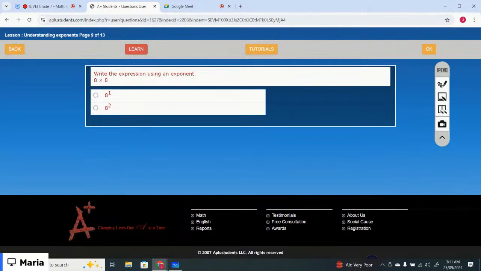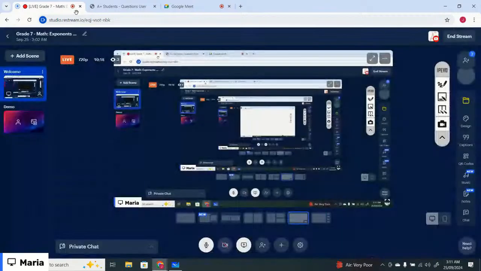Write the expression using an exponent. So which is the correct option? The correct option is option number 2. That is 8 exponent 2.